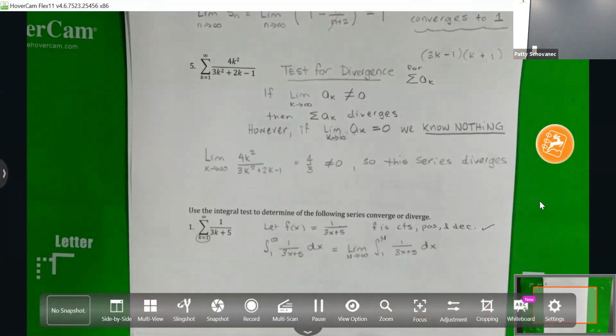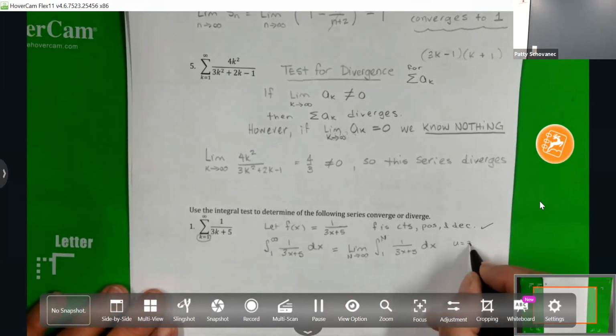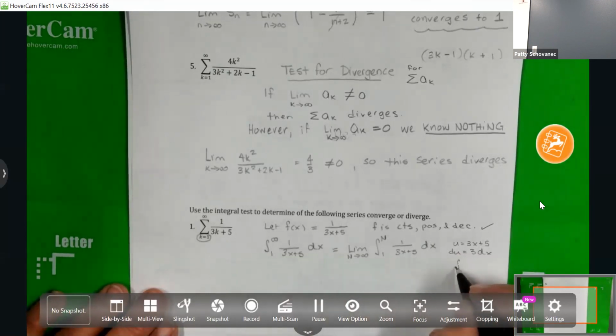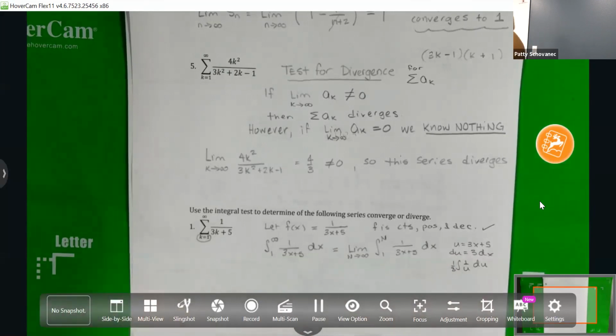Where u is equal to 3x plus 5, du is 3 times dx. So we're integrating 1/3 times 1 over u du. That's a logarithm.